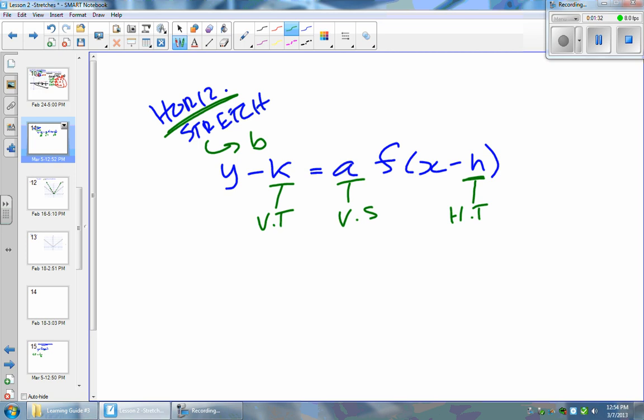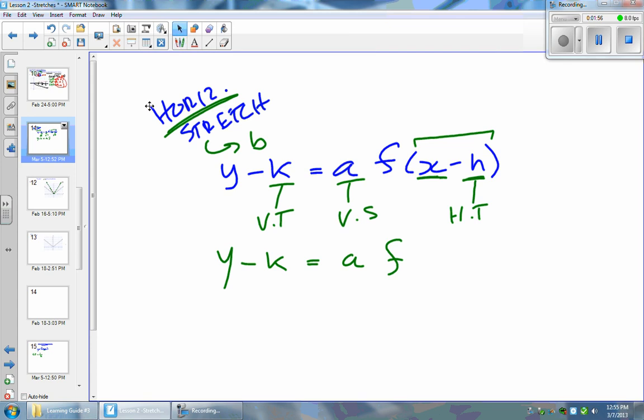So our y minus k is going to stay the same because remember that had to do with our y's. Also, our a values are not going to change because that had to do with our vertical stretches. But what it will affect is what is inside our brackets here. Remember, this caused a horizontal translation. So with this x value, we have also a horizontal stretch.